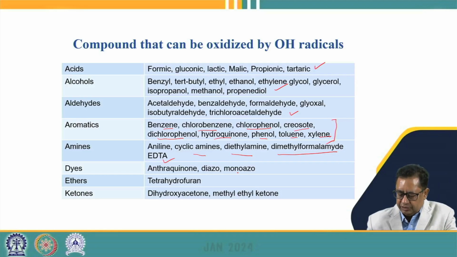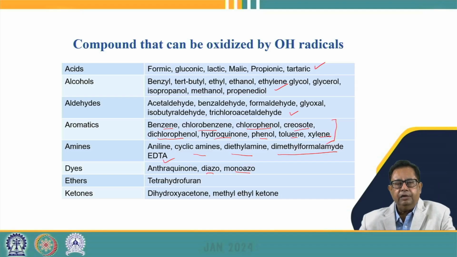Similarly, there are dyes, anthraquinone, diazo dyes or monoazo dyes. They may contain N double N bonds, also known as azo bonds, and they are very difficult to degrade. They are really recalcitrant, so we have to degrade these dyes before we put the effluents into water bodies. Because of their recalcitrant nature, they cannot be degraded in the natural environment.